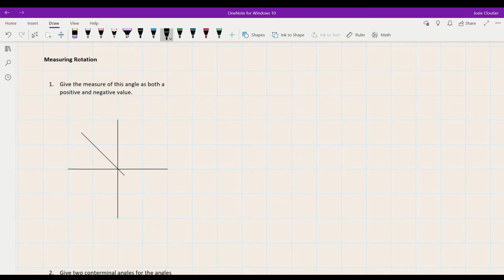Alright, so give the measure of this angle as both a positive and negative value.